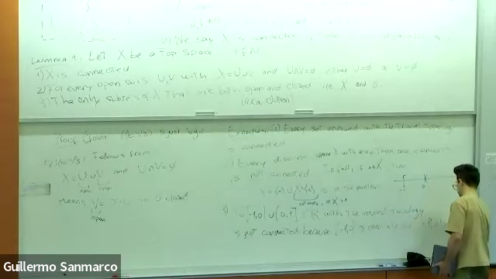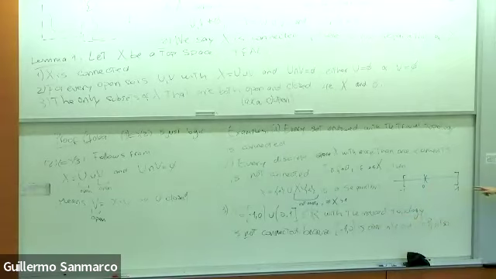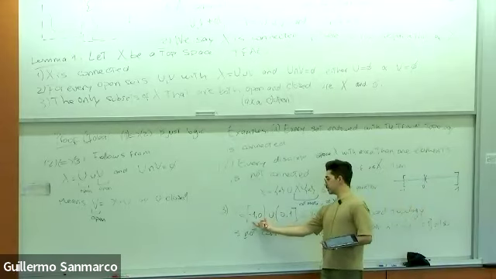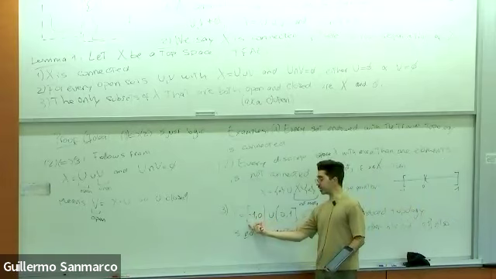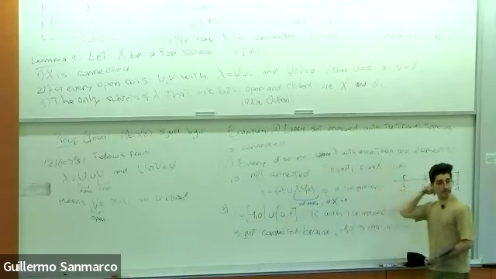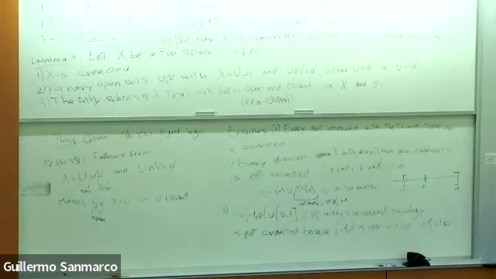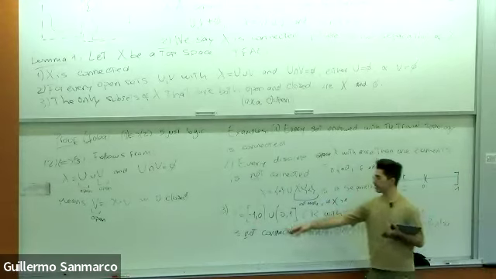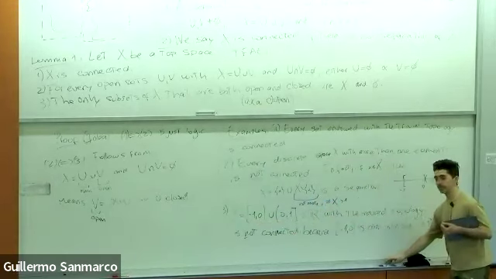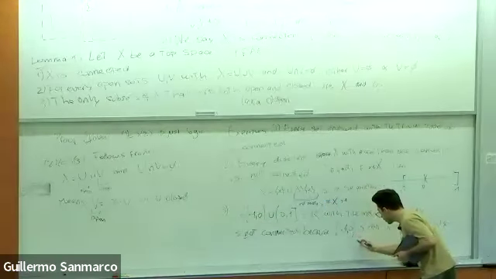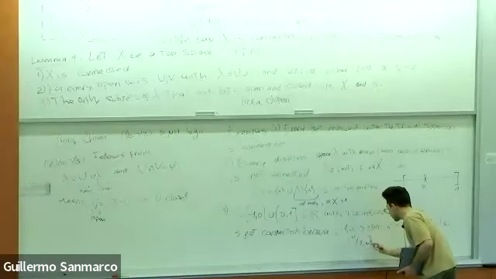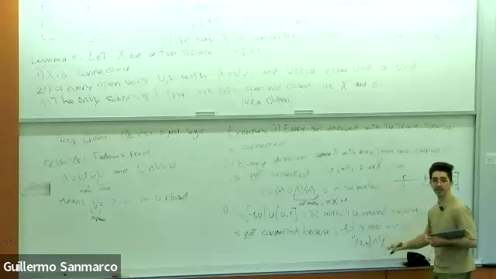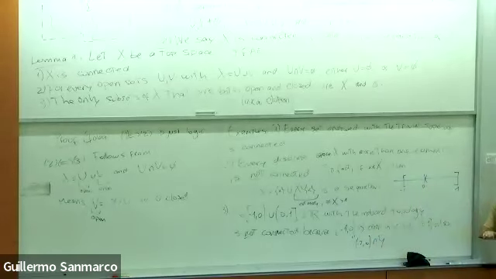So we're giving it by a separation. These two guys are open in Y because this is, for example, (-2, 0) intersection Y. Is that clear that these two guys are open? Sometimes it's confusing that you have the closed point here, but this is (-2, 0) open, intersection Y, so it's open in the real line intersection Y.